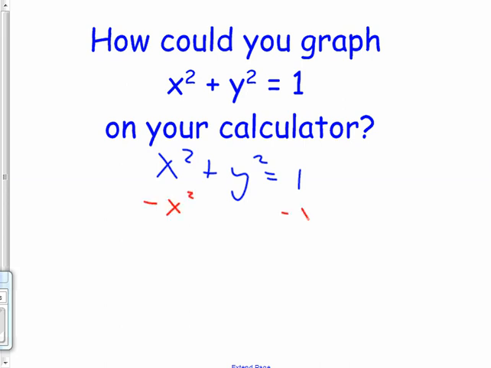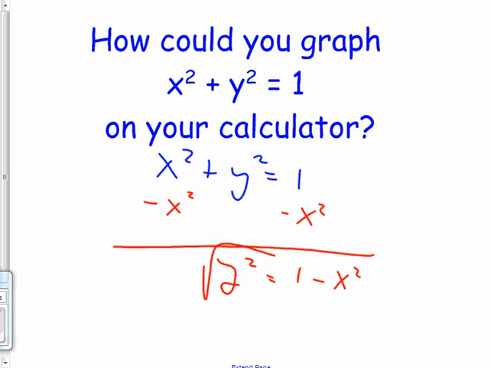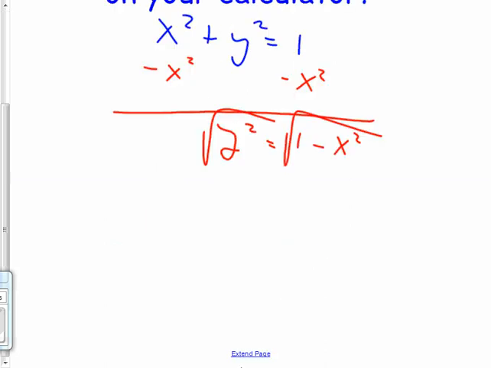All right, so I'm hoping that everybody knew that part. y squared is 1 minus x squared. Then I'm hoping everybody knew you just got to take a square root. And this is where I think a lot of people will mess up. Wrong. Because why?